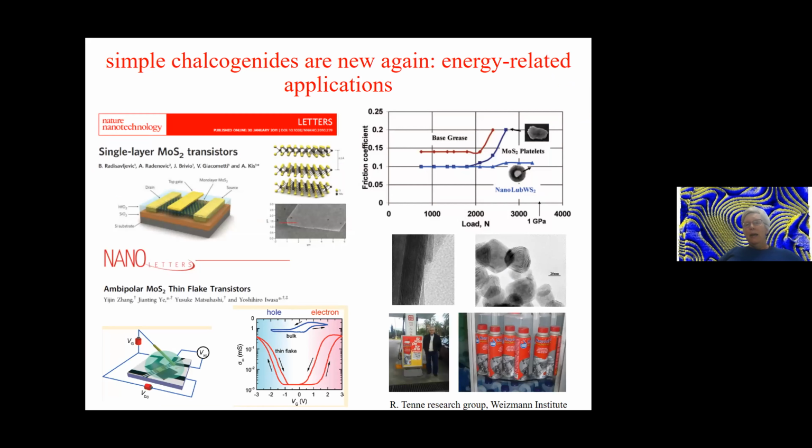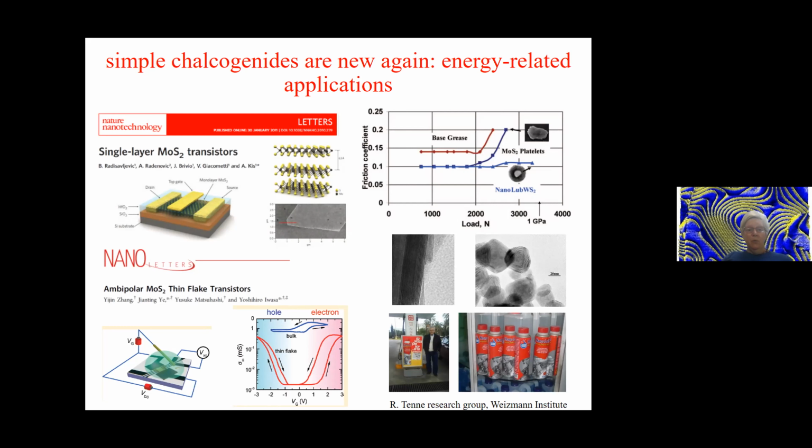And this is back in the days when chalcogenides, simple transition metal chalcogenides, were becoming popular again, maybe around 2013, 2014. There were reports of molybdenum disulfide incorporated into a transistor.